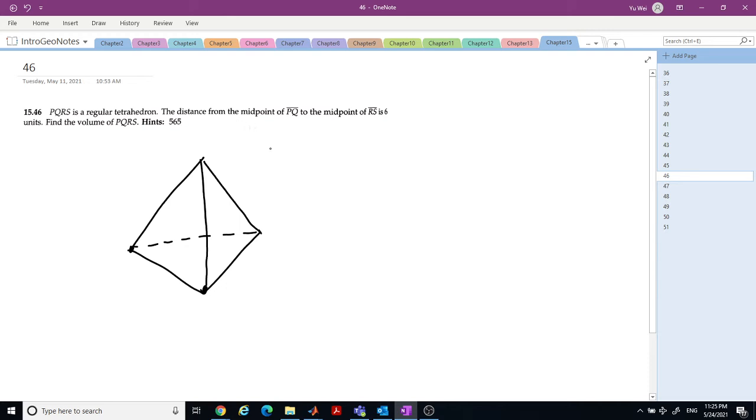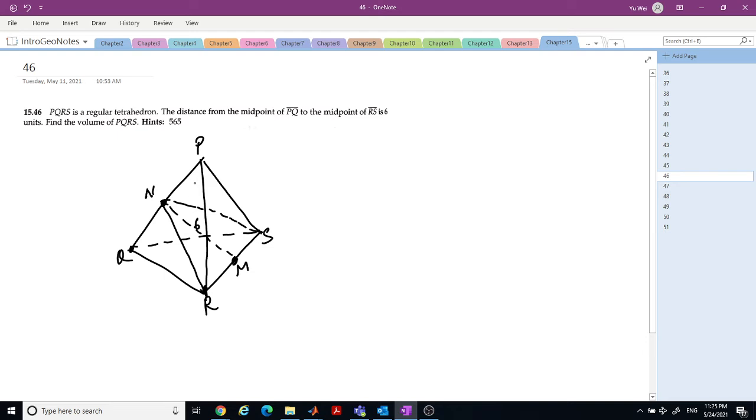The distance from the midpoint of PQ to the midpoint of RS is 6 units. So this is M and this is N. Normally we always connect these, because M is the midpoint and N is the midpoint, and so we can calculate in the triangle, right? So MN is 6, right?